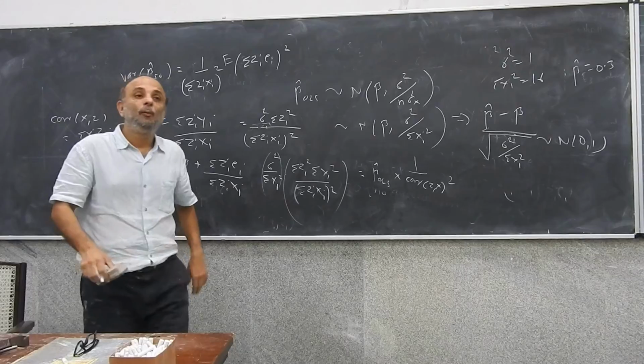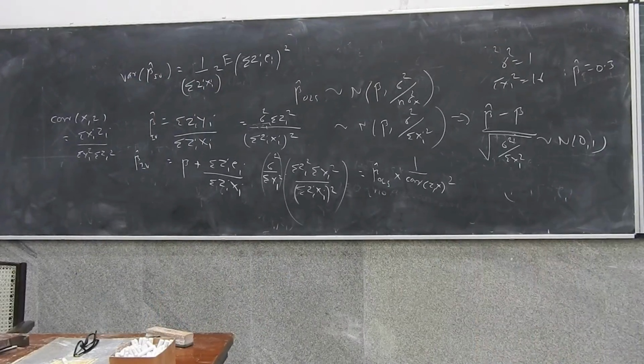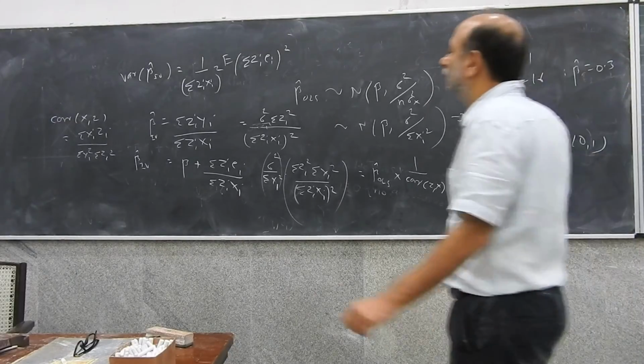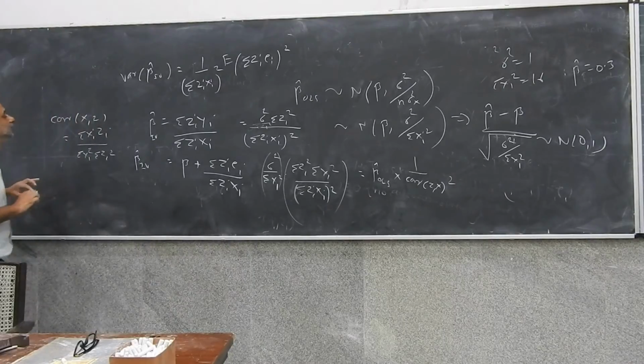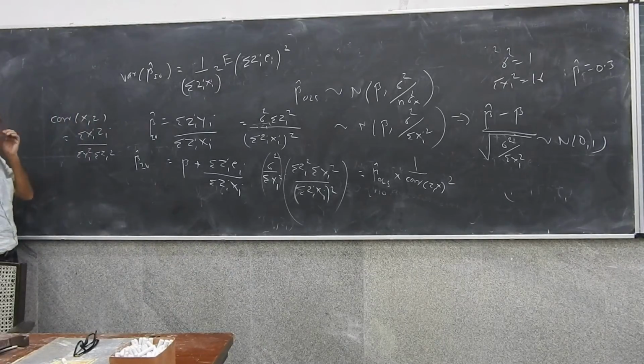Isn't what you have 1 upon correlation xz square? Do you see that what we have is 1 upon correlation xz square? Doesn't that have to be the whole square for it to be correlation? What is correlation xz? Summation xi zi upon the square roots of summation xi square and summation zi square.